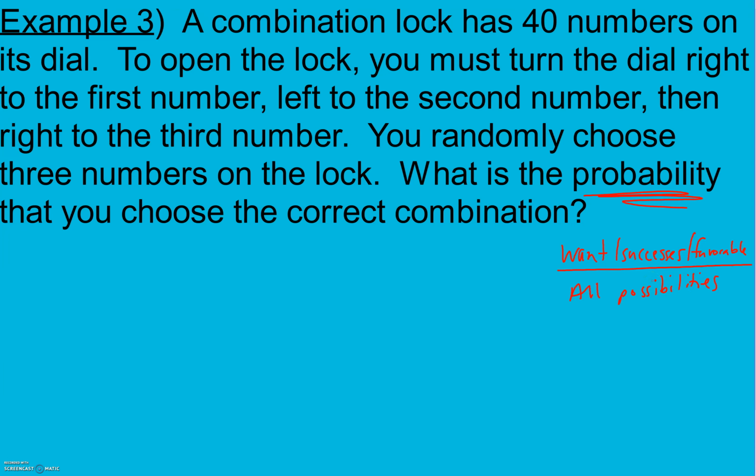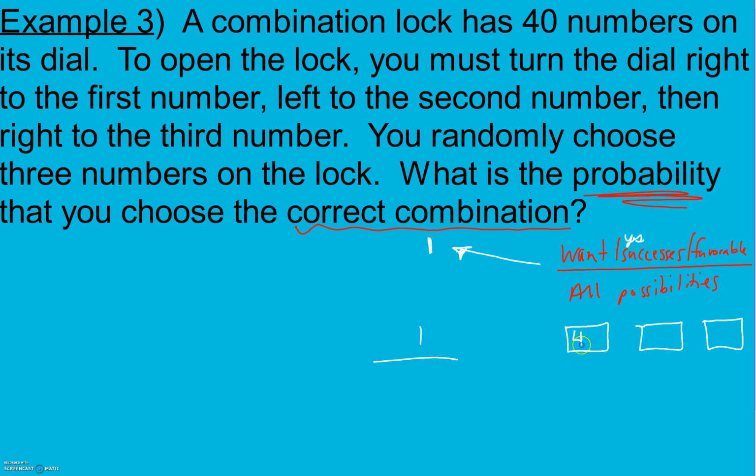So in this particular problem, we're looking for the correct combinations. And when we're talking about a combination lock, guys, there's only one possible combination. So the number of wants or successes or yeses is just 1. Now we need to figure out what all the possibilities are. We know that there's 3 numbers on this lock. There's 40 numbers on the dial.